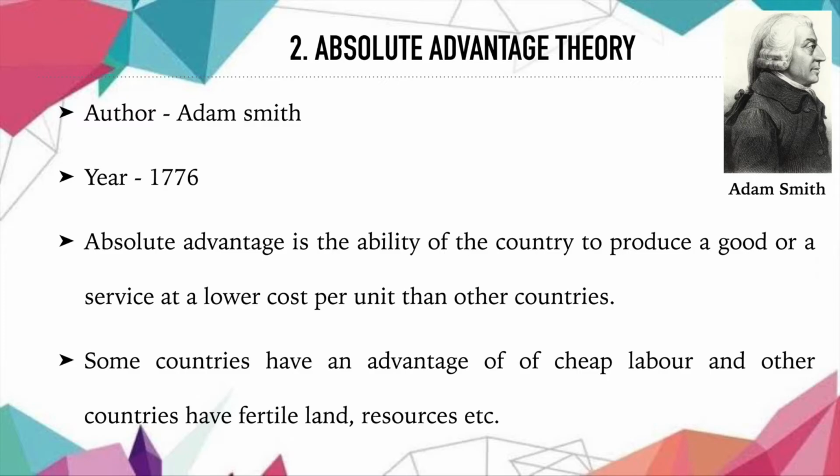So some countries have the advantage of cheap labor and other countries have fertile land, resources, etc. As I told, all the countries in this world have some kind of absolute advantage. Hope you can agree to that.